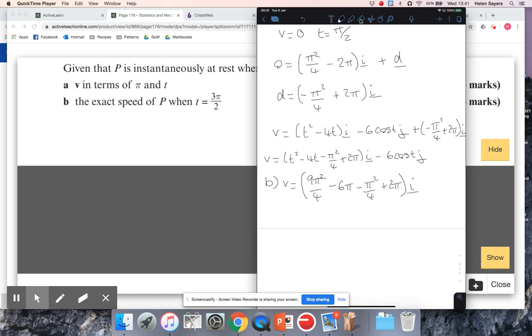So I've got the two terms that are in terms of pi squared. So 9 pi squared over 4 minus pi squared over 4 is going to be 8 pi squared over 4. The problem you're going to have is if you just try and type that into your calculator, it's definitely going to come out as a decimal. And obviously that will cancel down to 2 pi squared. And then I've got the minus 6 pi plus 2 pi, so minus 4 pi.